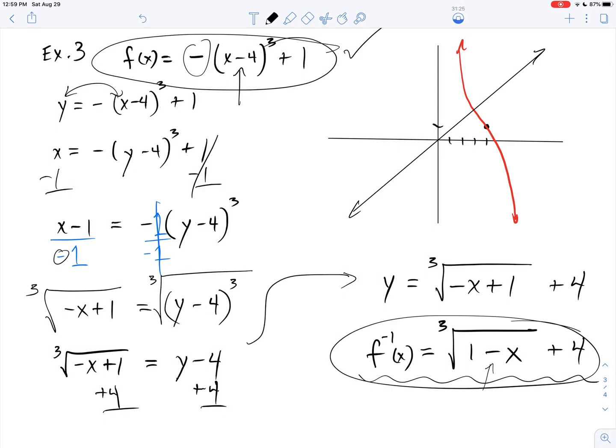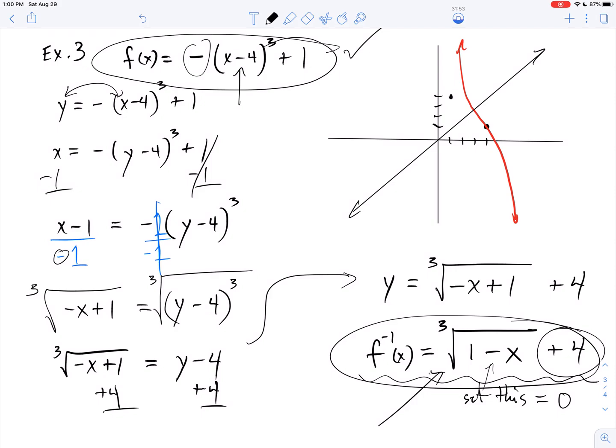So I'm going to go back to what would be my sideways motion. Set this equal to 0 in your mind. 1 minus x equals 0. What would x have to be? It would have to be positive 1. So this is 1 unit to the right. This is up 4. So I go 1 unit, 1, 2, 3, 4.